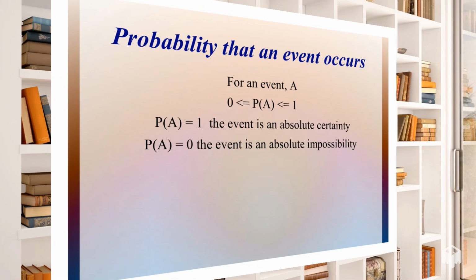So it must be greater than or equal to 0, and less than or equal to 1. If an event is an absolute certainty, the probability is 1. And if it's an absolute impossibility, the probability is 0.